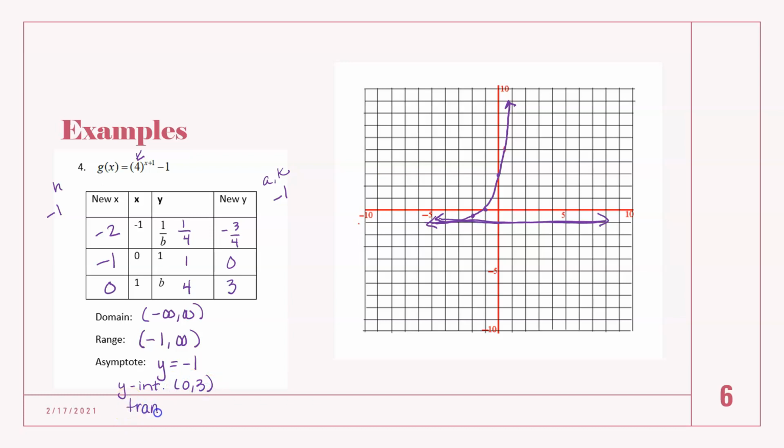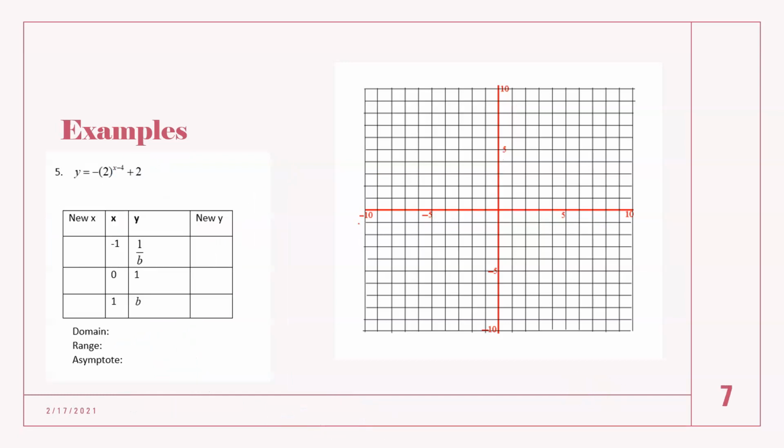And the transformations that occurred from the parent are, so we are shifting left 1, because that's opposite of H, shift left 1. And then the K is a shift down 1. There we go.